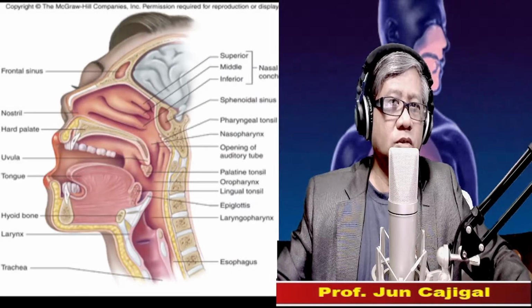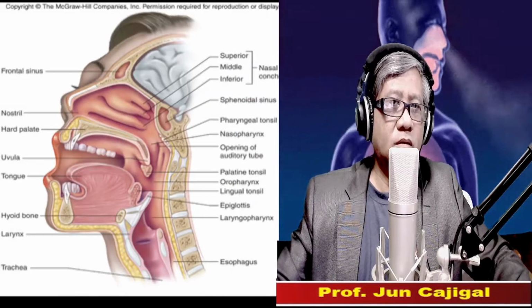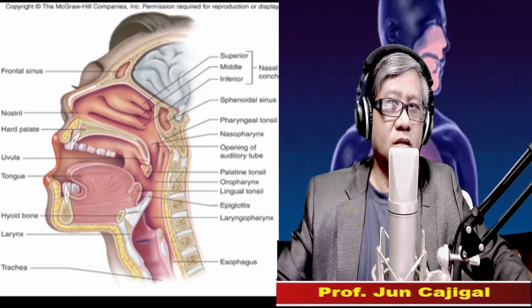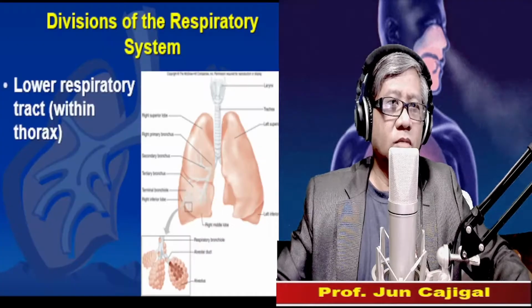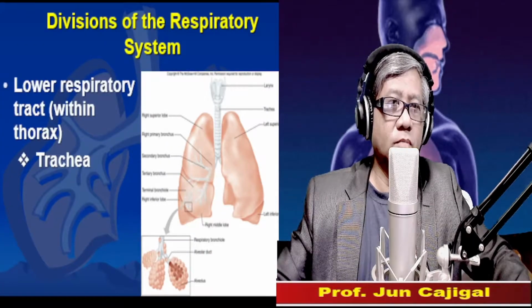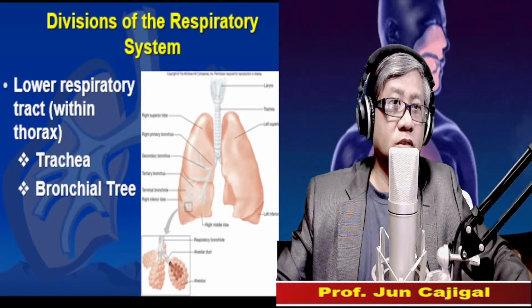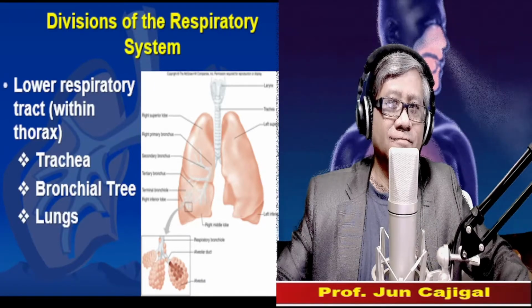And we have the lower respiratory tract composed of the following: the trachea and the bronchial tree, which is composed of the bronchi and the bronchioles inside the lungs.